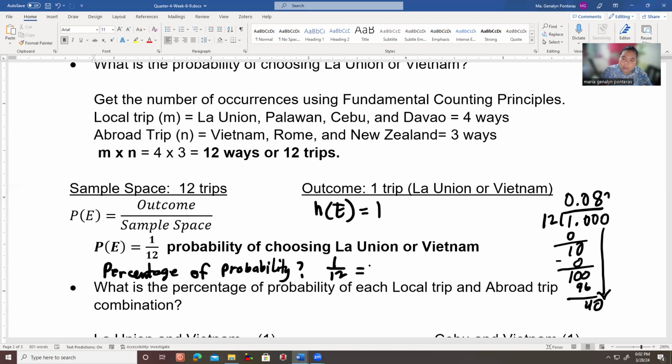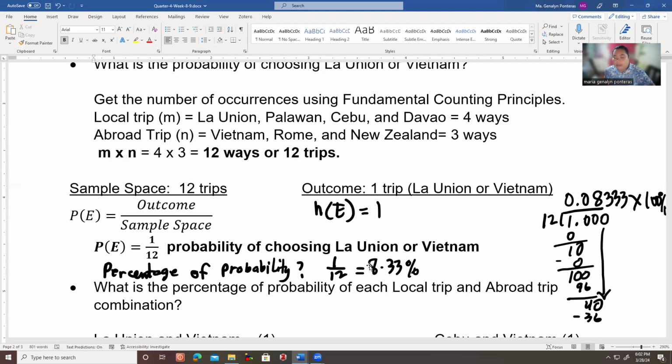So you have 3, 36. So this is repeating. And then multiply by 100%. So the percentage now is 8.33. The percentage of probability is 8.33%.